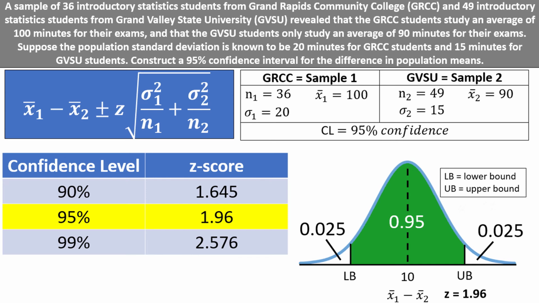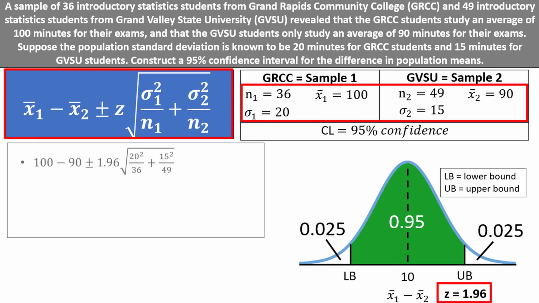If you want to know how to calculate this value with a z-table or a TI-84 calculator, check out my videos in the description. Plugging into the formula, we have 100 minus 90 plus or minus 1.96 times the square root of 20 squared over 36 plus 15 squared over 49.